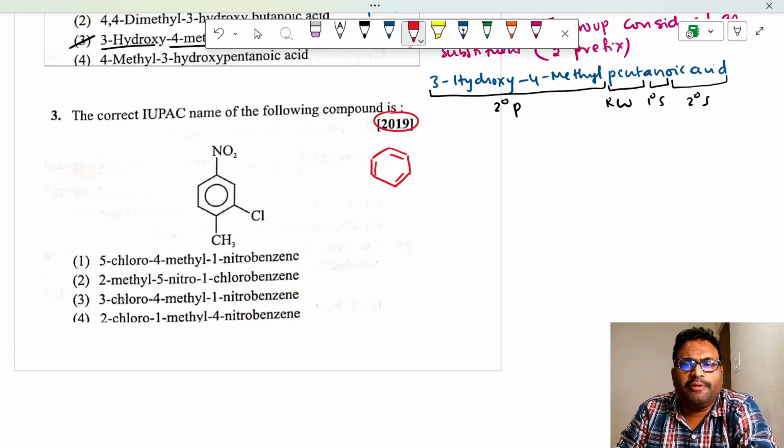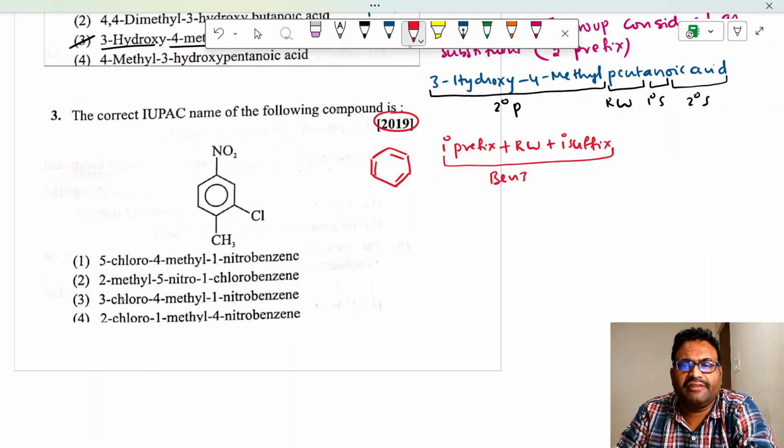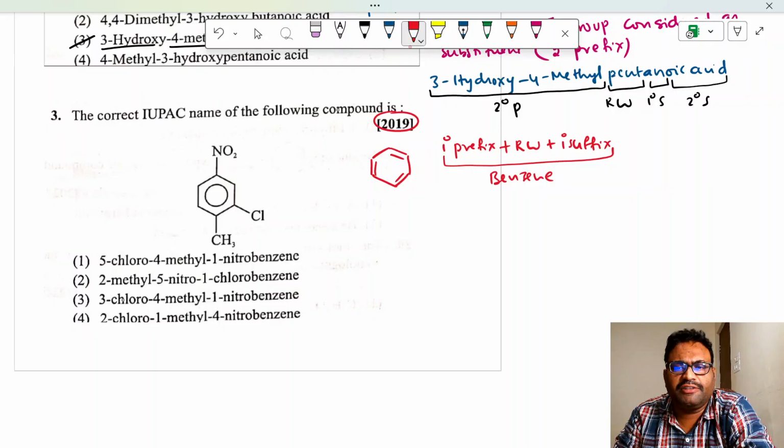For benzene, the primary prefix, root word, and primary suffix, these three are combined and written as benzene.